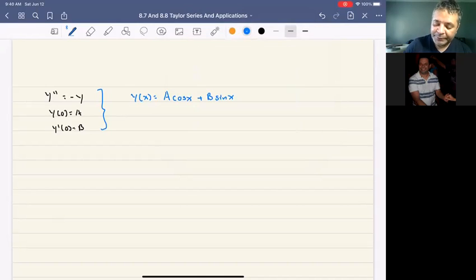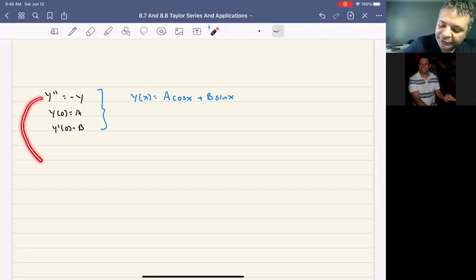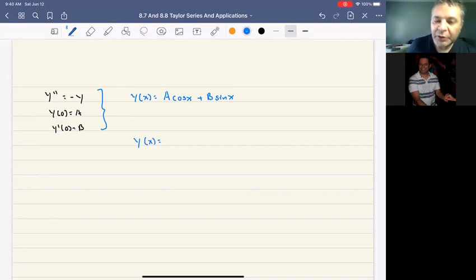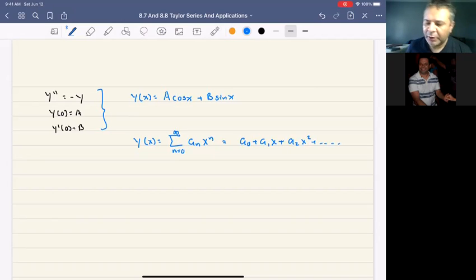So let's say that we develop a power series representation here. y of x equals the sum, n goes from 0 to infinity, a sub n x to the n. Let's write this out again. a sub 0 plus a1 x plus a2 x squared, on and on forever.